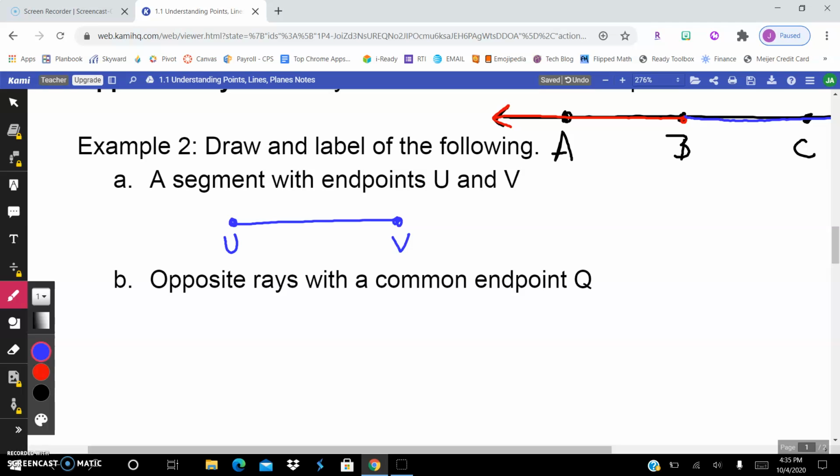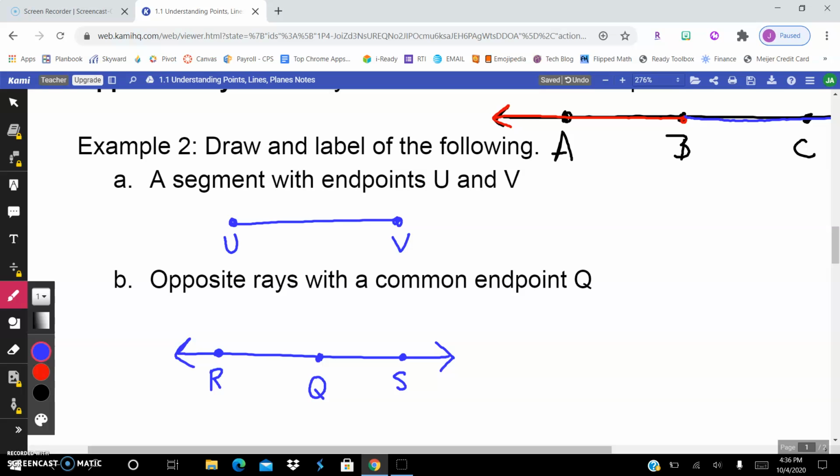The other one we have to do is opposite rays with a common endpoint of Q. So this one is going to get arrows at both ends because it has to have 2 rays. It says the common endpoint is Q, and then we have to have at least another point on each ray for the ray to go through, and maybe R and S.